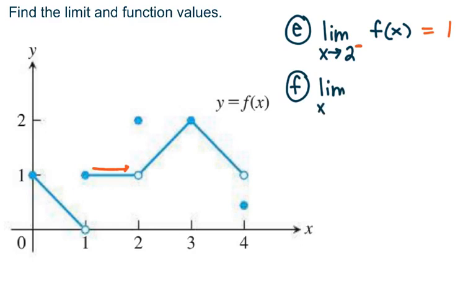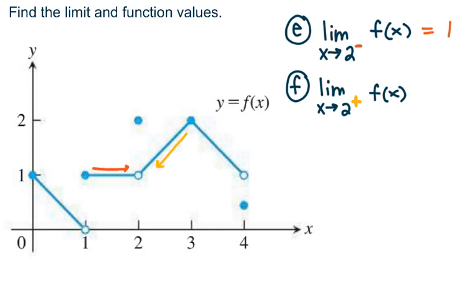So if we look at the limit as x approaches 2 from the right of this function, approaching 2 from the right means we travel along the graph from the right toward the left, toward x equals 2.